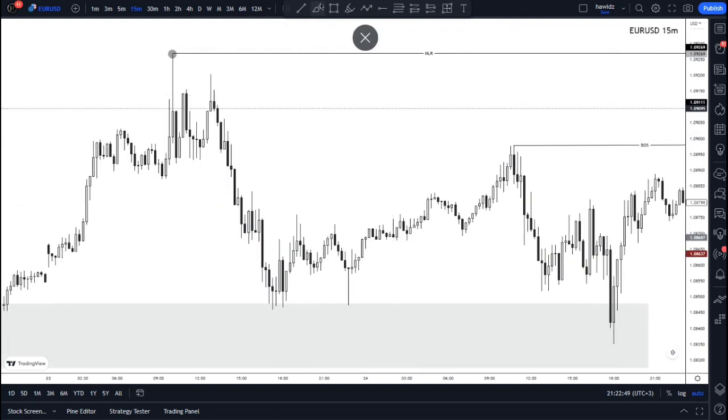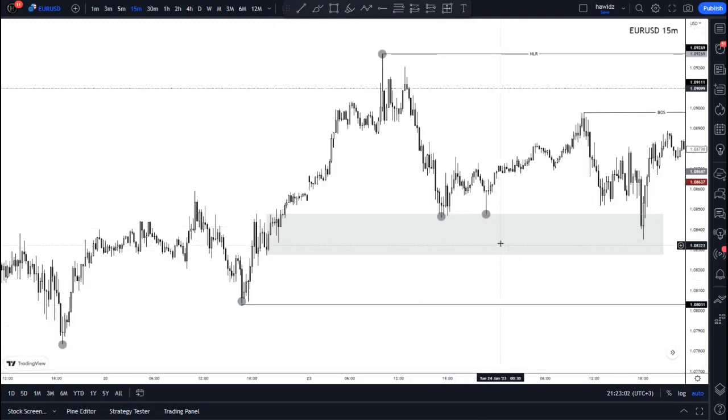But when this mitigation was done, price left this, some people could call them double bottoms or equal lows or whatever. But in short, it's basically liquidity. So this liquidity that was left here needed to be cleared.